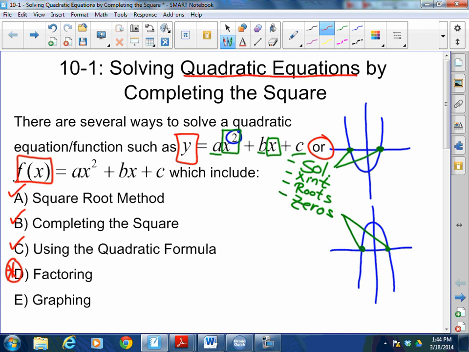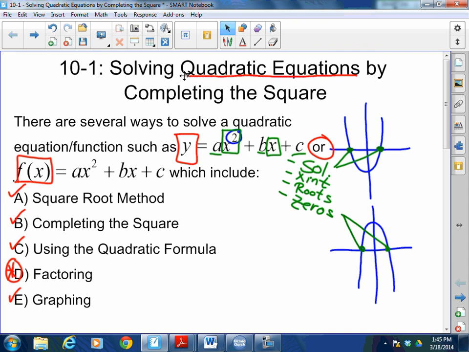That's when we use the Cuban method, right? Perfect squares. Okay, we got that. And then last but not least, graphing, which we will be doing in a couple days. So these are the 5 ways to solve a quadratic function.